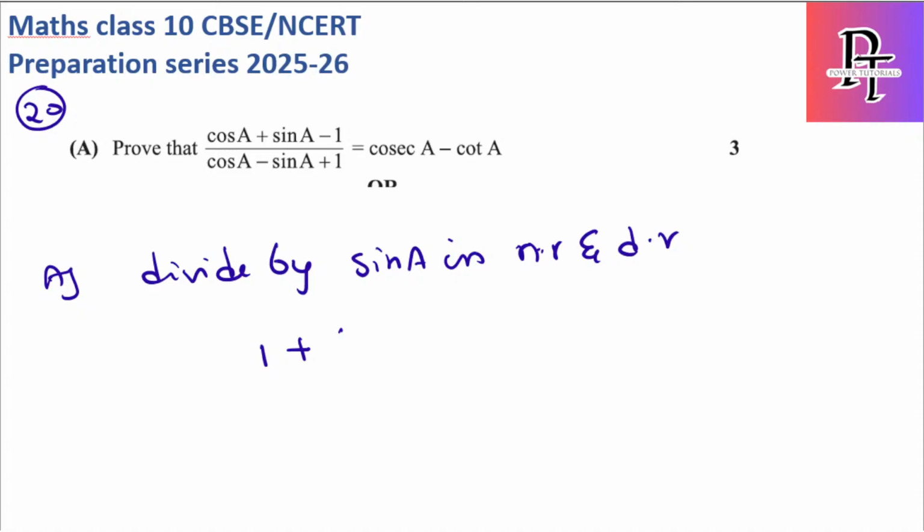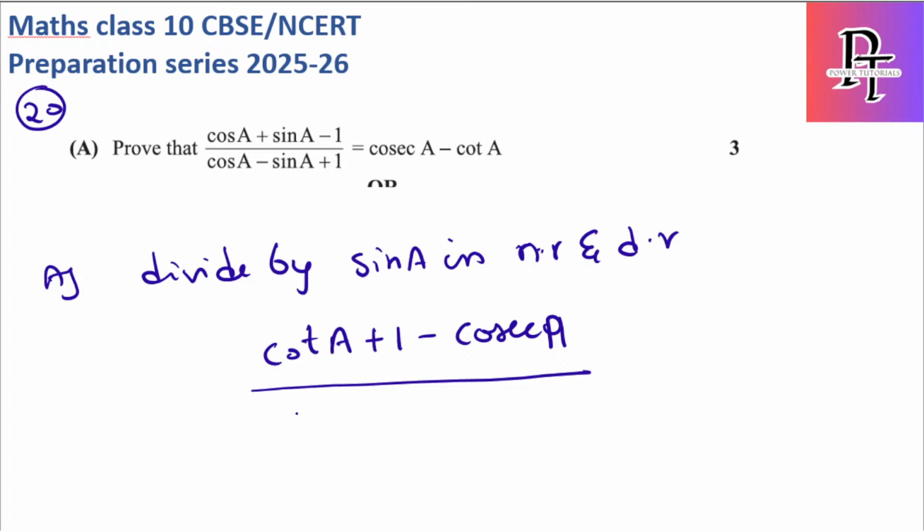So now this becomes cos by sin is cot a plus 1 minus cosecant a by cot a minus 1 plus cosecant a.